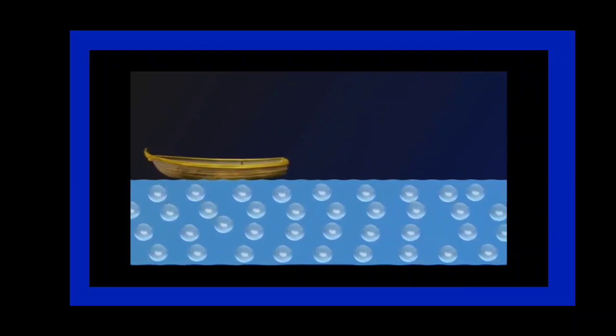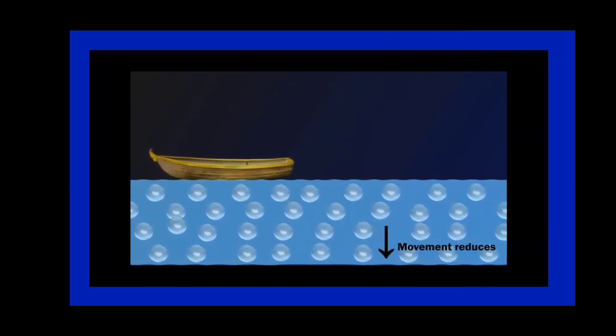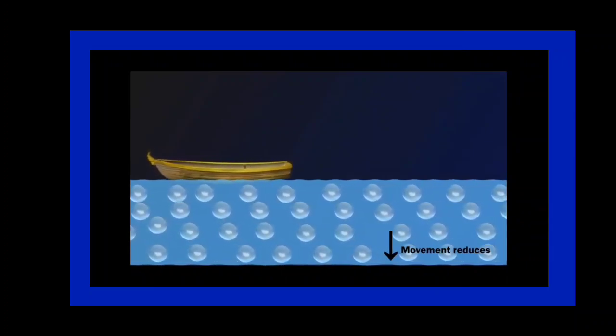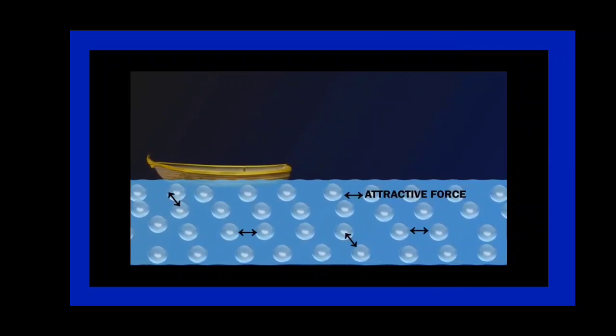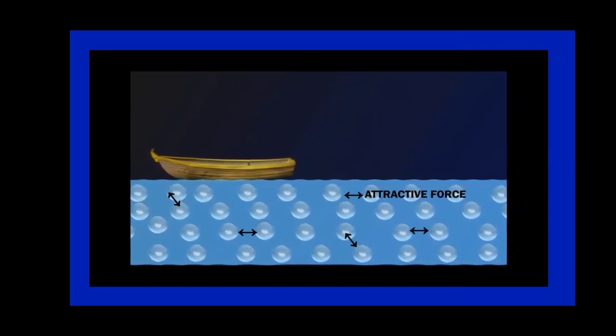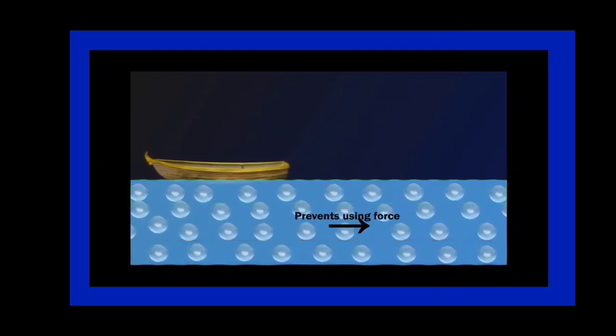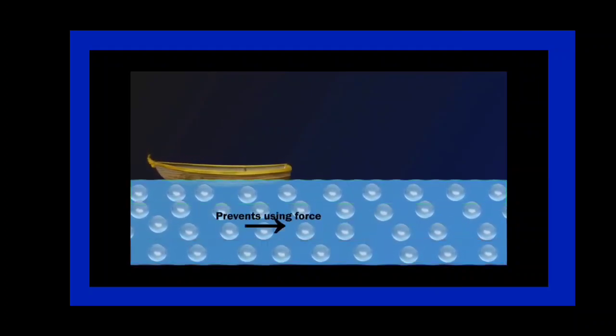Imagine a boat moving on water. With the boat, water molecules on the top layer are also moving. As we move deeper and deeper, the movement of particles reduces. Since there is an attractive force between the molecules, the deeper molecules try to prevent particles from moving with the boat.